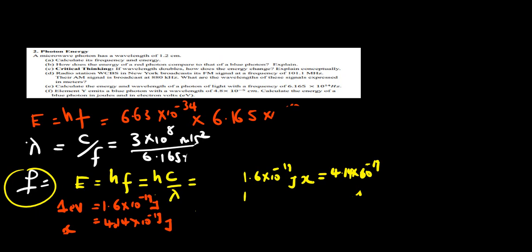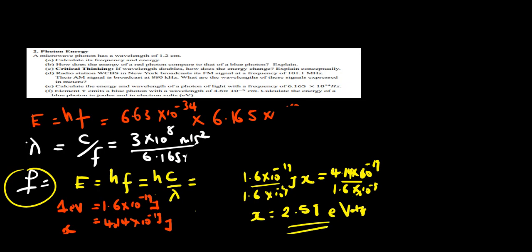So we're going to divide both sides by 1.6 times 10 to the power negative 19 to get X. So your X, in this case, on my end, I'm getting 2.59 electron volts. So that would be our answer in electron volts. Okay, we're done on this one.